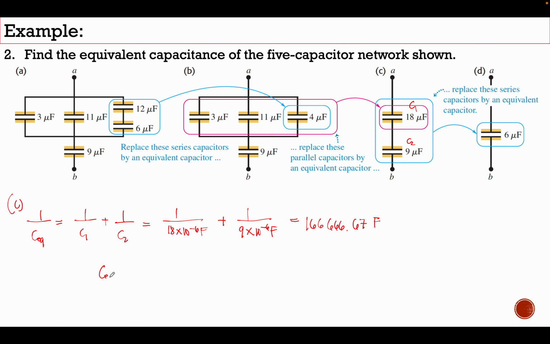So to get the equivalent capacitance, we need to get the reciprocal of this one. We have 1 over 166,666.67 farad.